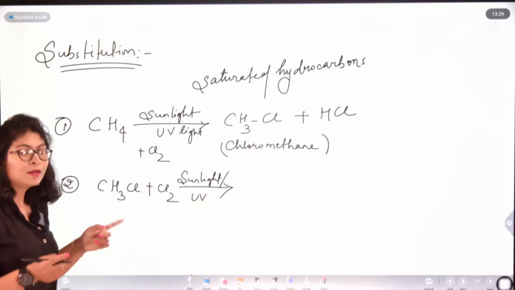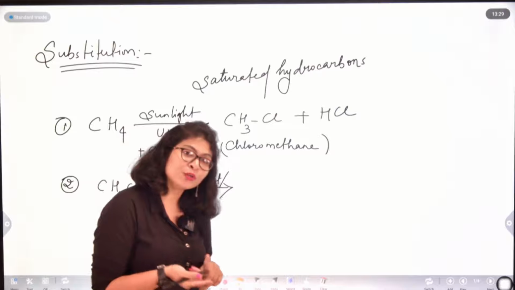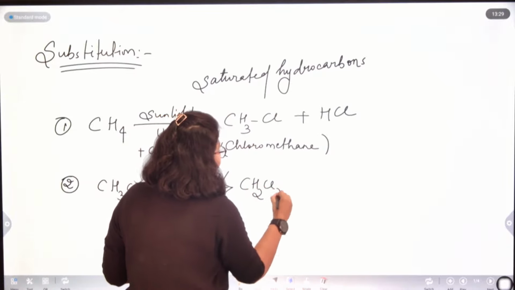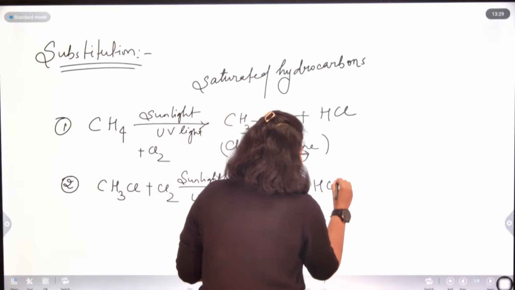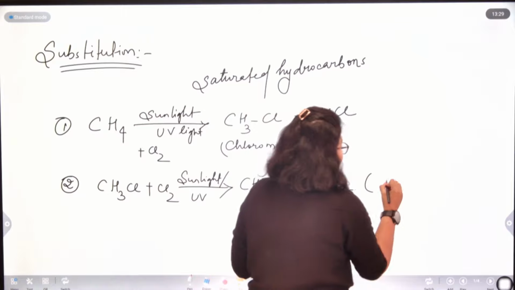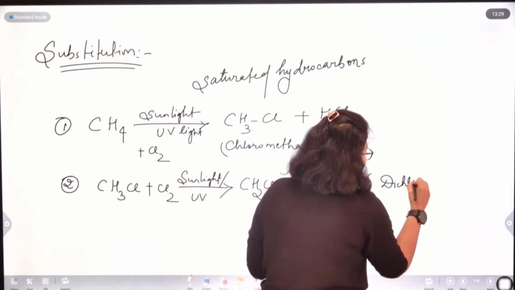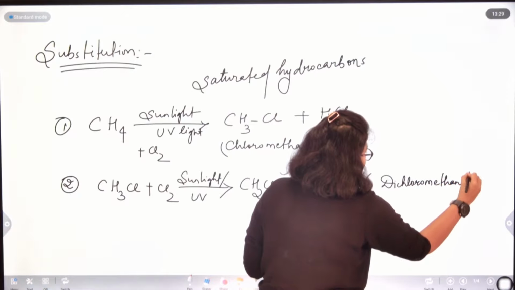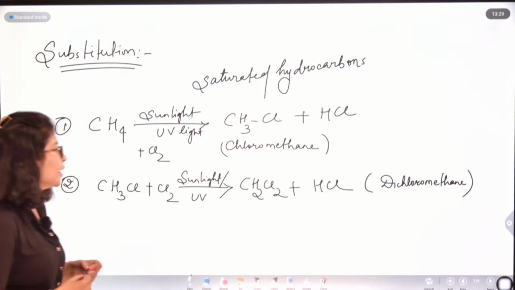Another hydrogen will be substituted by a chlorine atom, so the reaction becomes CH2Cl2 plus HCl. And the compound I get is dichloromethane.